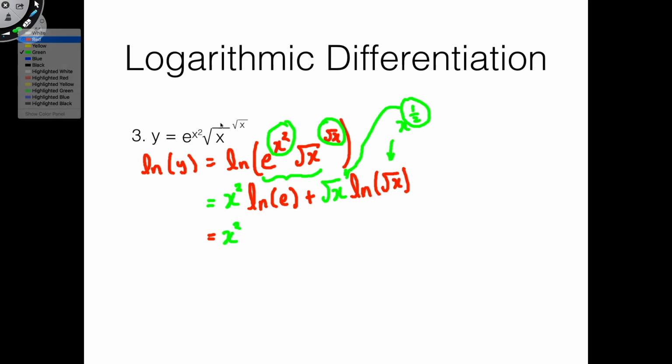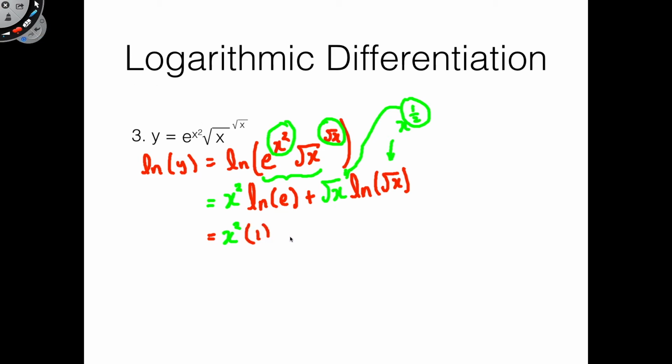So I'm just going to be left with a 1 over there, which works out really nice, plus the square root of x, and that's really a root x over 2, right? Because I'm bringing that 1/2 power out, and all this times ln of x.